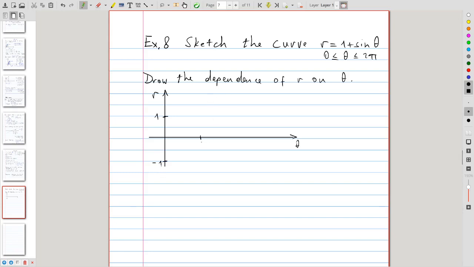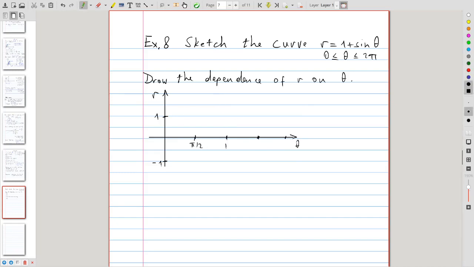And I'm looking at thetas from 0 to 2 pi. So this is my 2 pi over here.